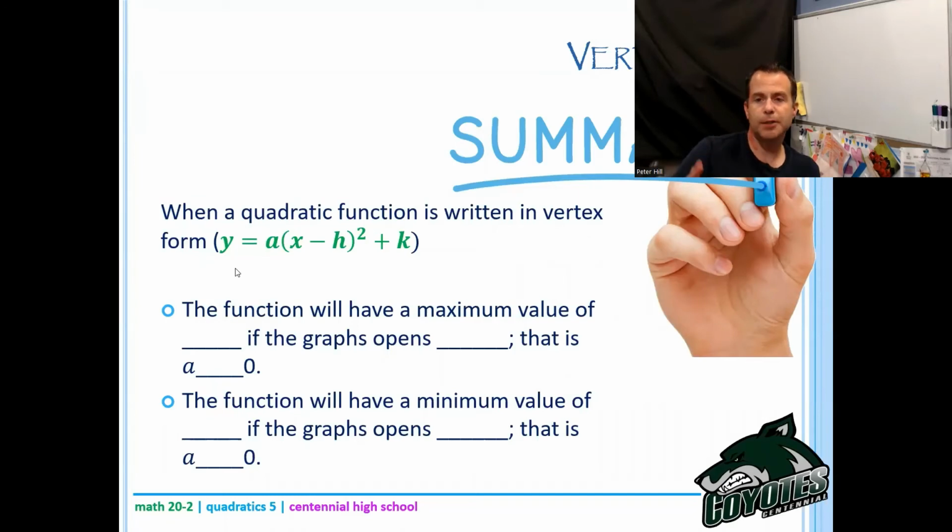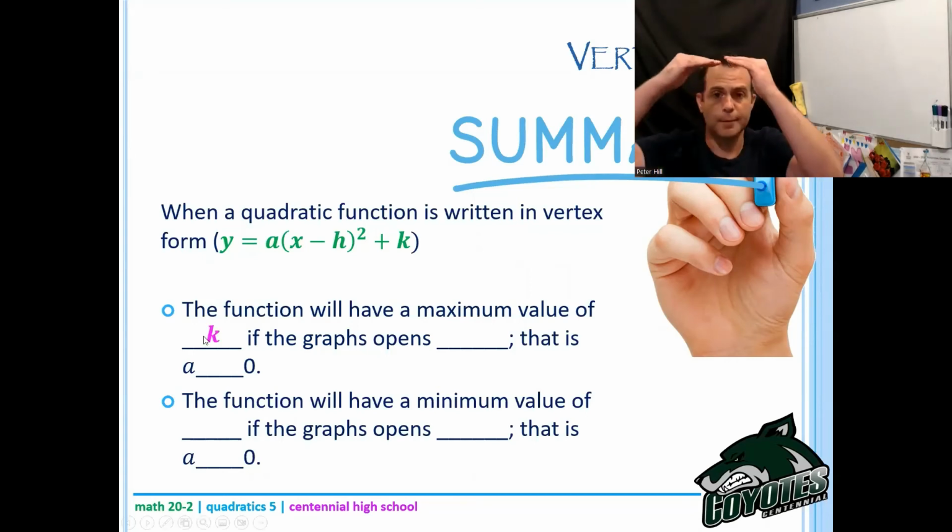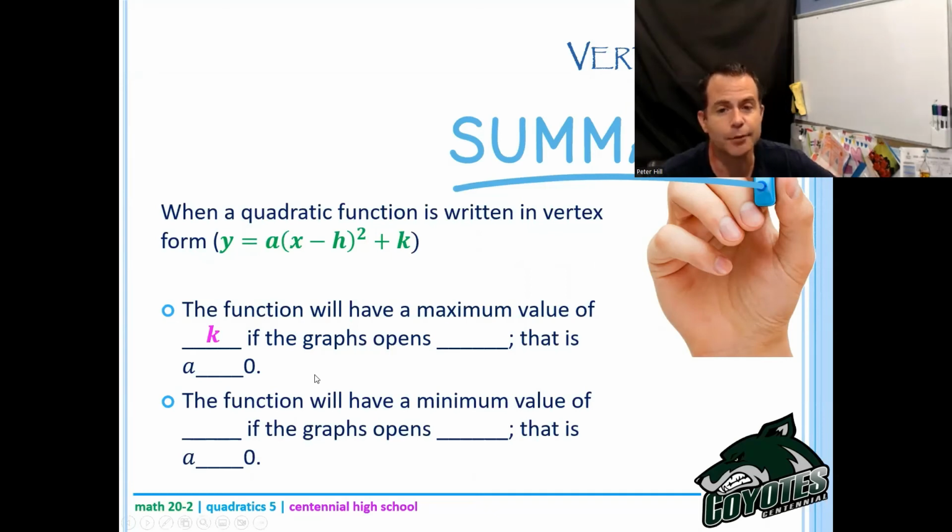When a quadratic function is written in vertex form, which is y equals a, x minus h all squared plus k, the function will have a maximum or minimum value of k. I'll have a max if the graph opens down, and that means a is less than 0.